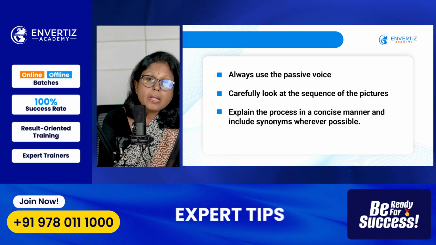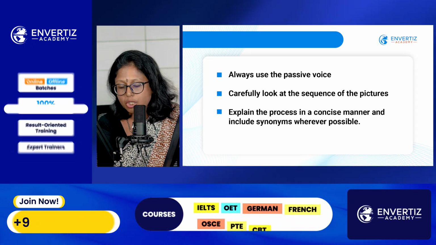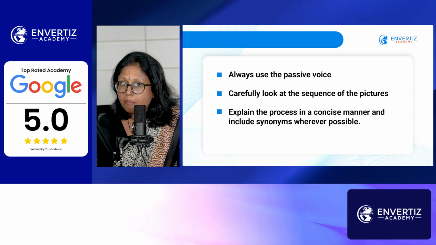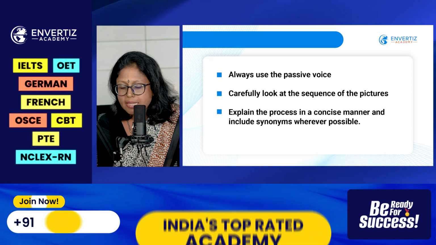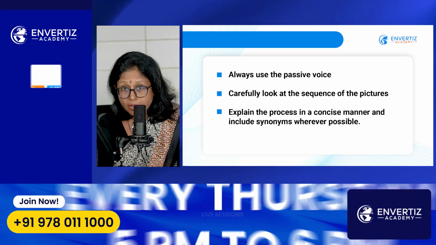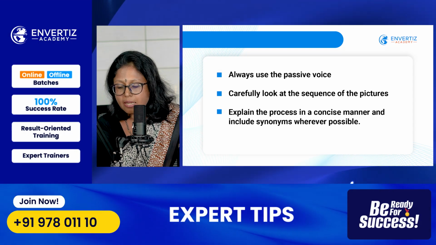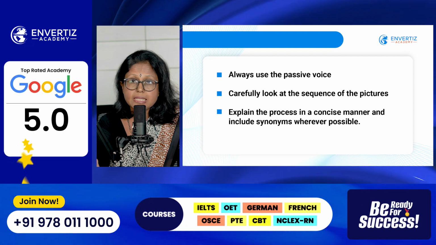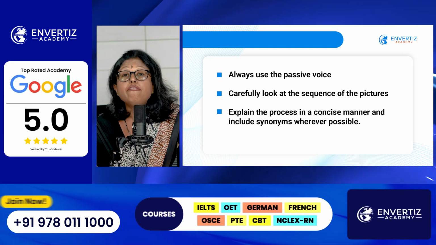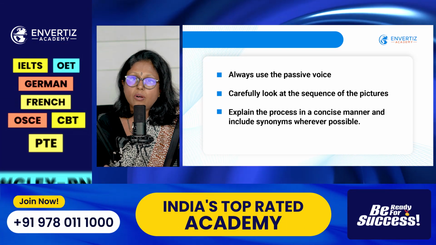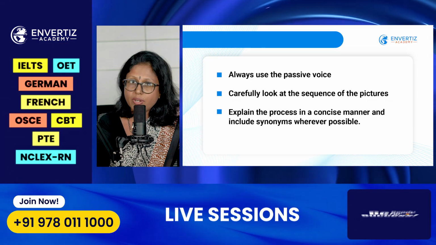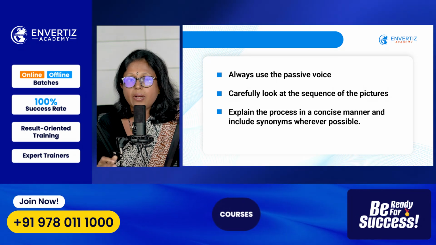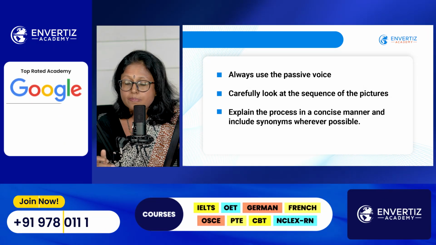For example, in the first picture, I had written it as they are then fermented, and I did not write it as the farmer then ferments these seeds. So it's not the farmer that ferments these seeds, it is they are then fermented. So the doer of the particular process is not important. You give more importance to the action that is being done. So as I said, the first point is always use passive voice.